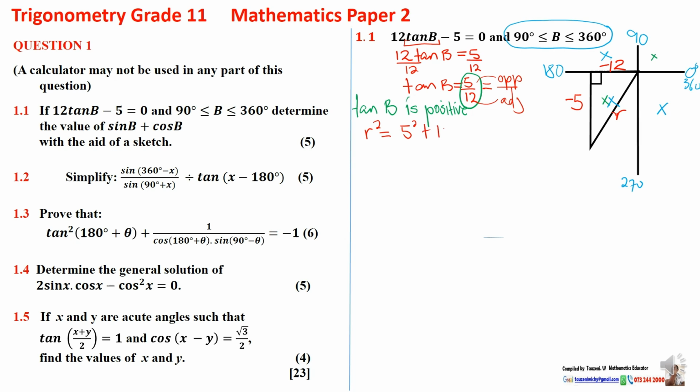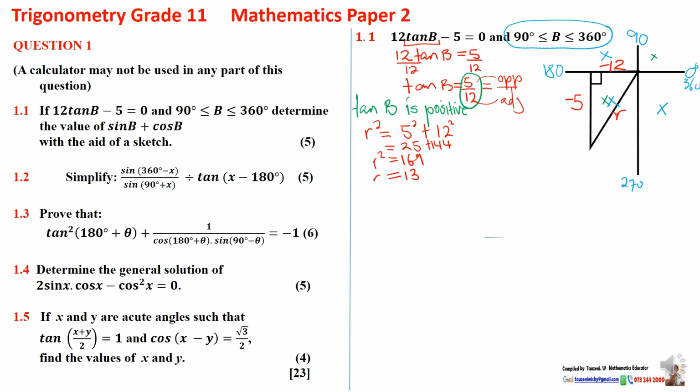So in a simplified form using a calculator, this is 25 plus 144. If you add them, that's 169, my value for r squared. So therefore, r is equal to the square root of 169, which is equal to 13.